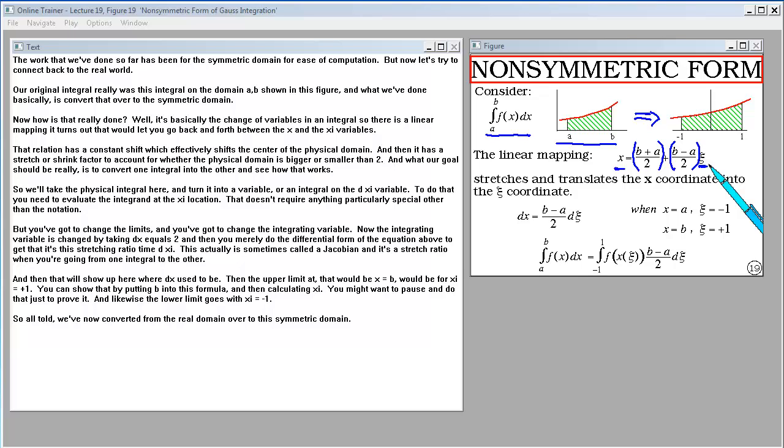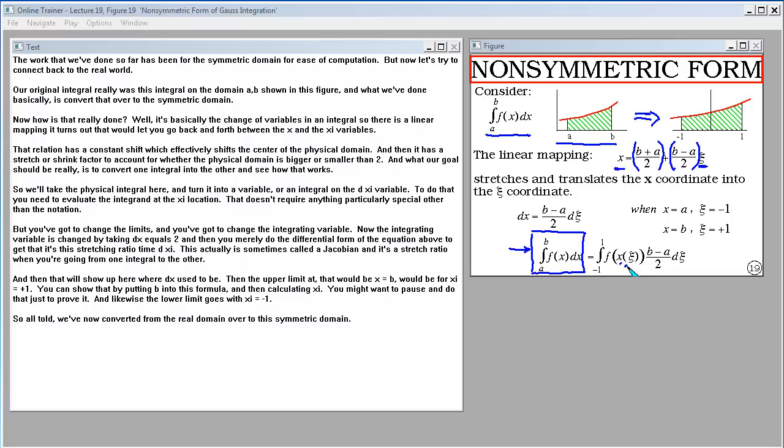And what our goal should be really is to convert one integral into the other and see how that works. So we'll take the physical integral here and turn it into an integral on the dc variable. To do that, you need to evaluate the integrand at the c location. That doesn't require anything particularly special other than the notation.